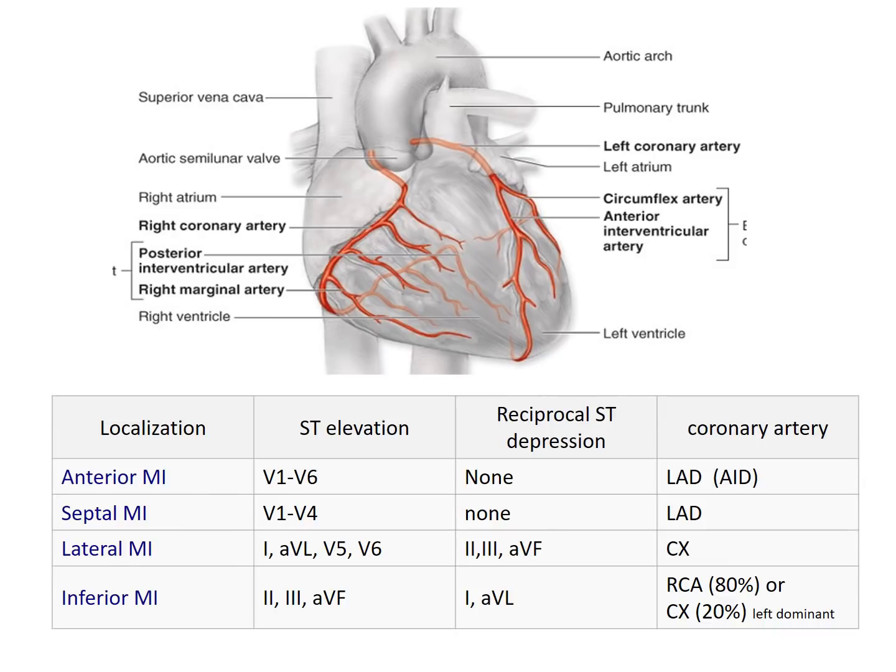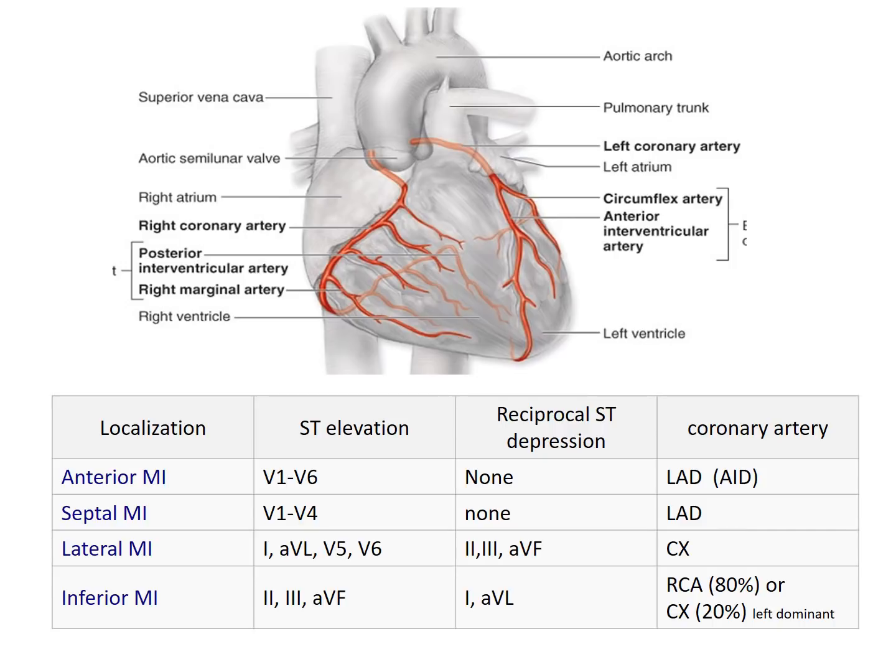Based on where you see the ST segment elevation on the 12-lead EKG, you can localize where in the heart the obstruction or infarction is occurring. Is it right-sided versus left-sided? An anterior MI and a septal MI, right in the septum between the right and left ventricle, are anatomically very similar.